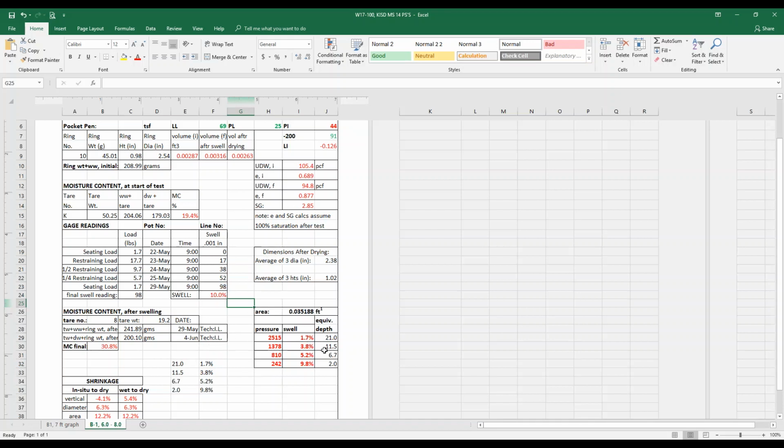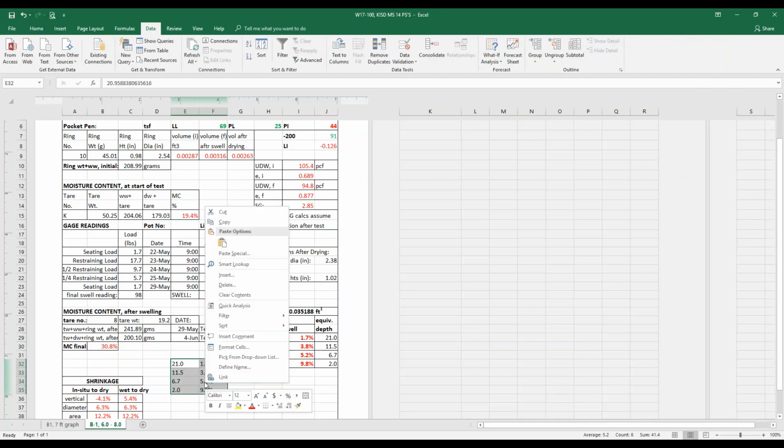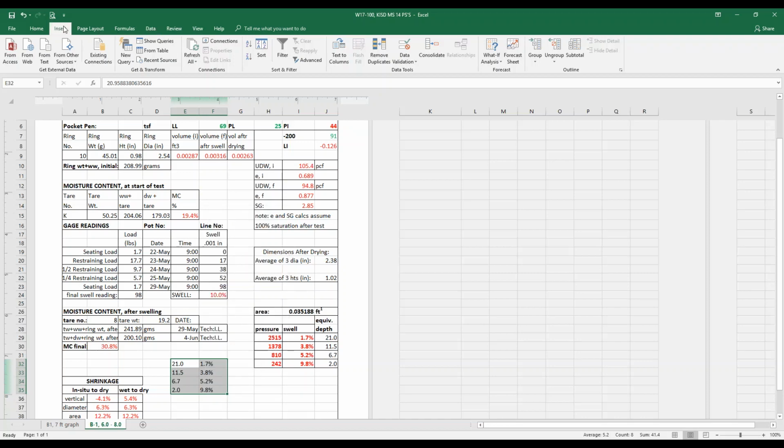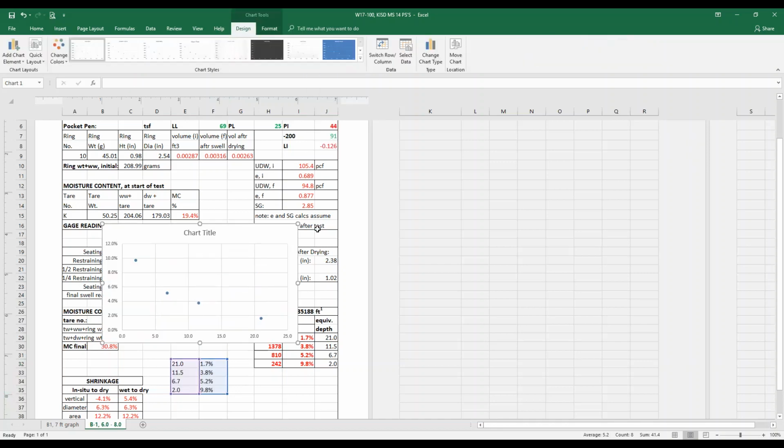So I've grabbed these results here, the swell and equivalent depth. I've moved them over to here, and now I'm going to generate a scatter graph of those points.